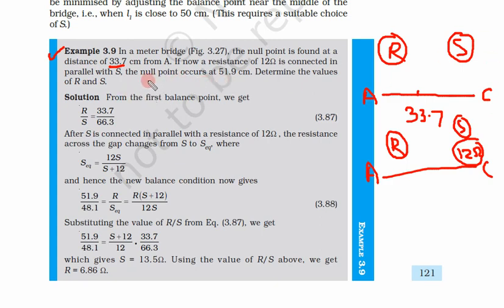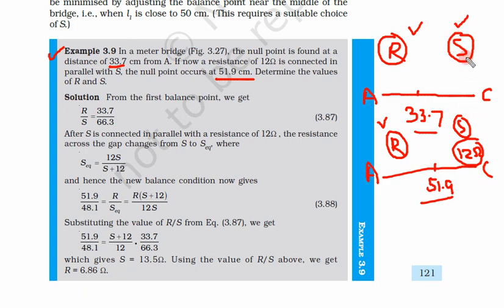Then in this case, the null point occurs at 51.9 centimeter from A, from this side. So these are two conditions. Initially we had R unknown, this is unknown, and S was also unknown.